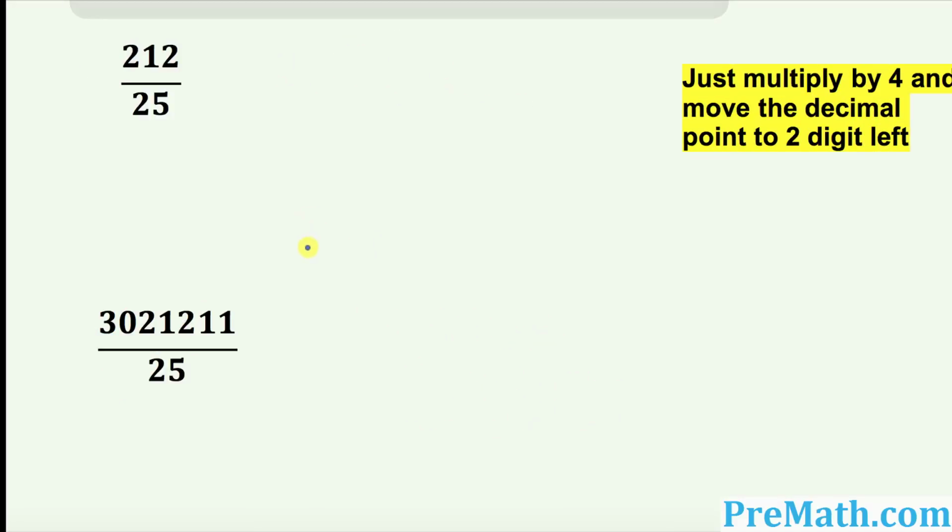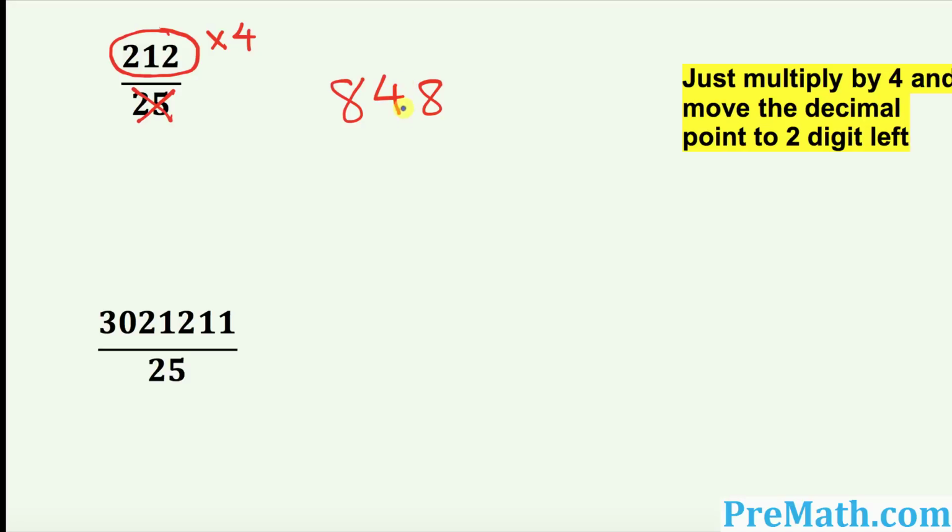Now let's focus on this problem when we are dividing by 25. Once again, do not divide by 25, and whenever you are dividing by 25, you must multiply the top number by 4, always by 4. So right now when you multiply, this is going to become what? 8, 4, 8.